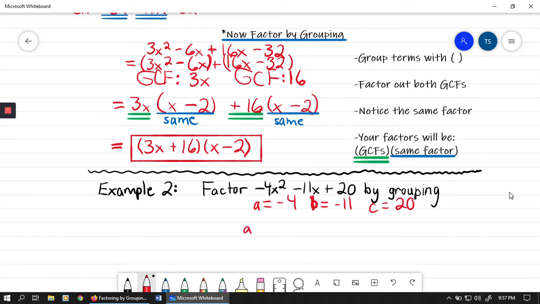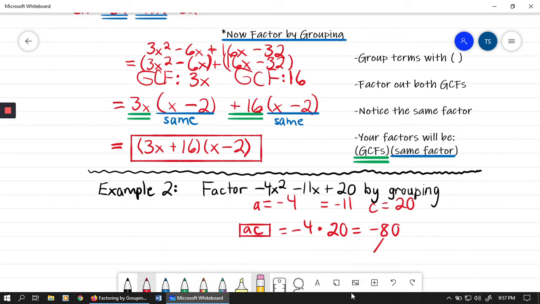So we find A times C is equal to -80. Alright, and we find factors of -80 that are going to add to give you -11. Because again, we find factors of the product AC that are adding to -11.